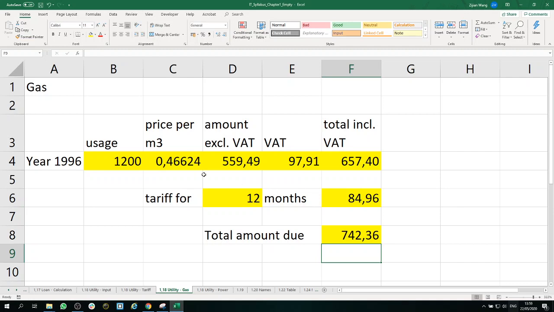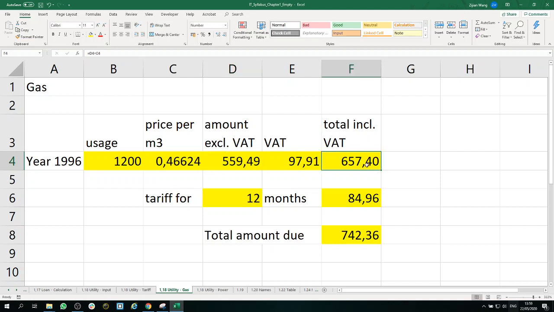So let's review again. For this one, the usage you need to calculate based on the usage of 19.6 minus the usage of 19.5. And the price per unit for gas, you can find it in the input sheet. And the amount you can calculate based on these two. The VAT percentage is available in the input sheet, and you can calculate the VAT based on the percentage and the total amount without VAT.